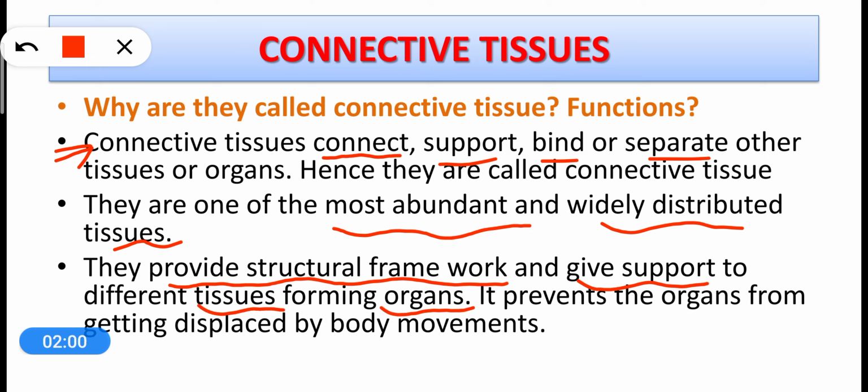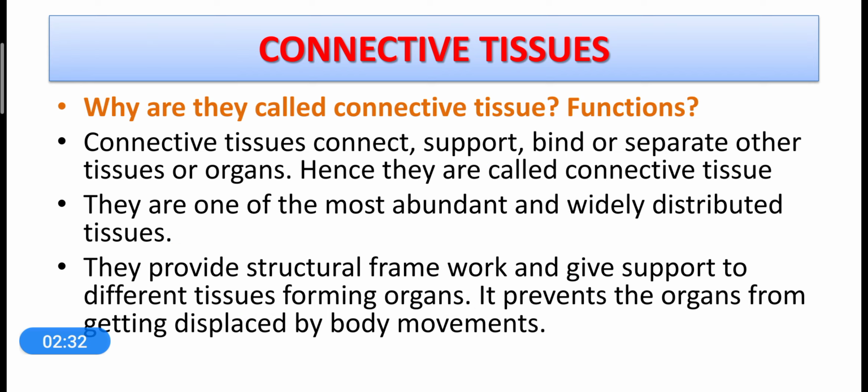They prevent the organs from getting displaced by our body movement. So connecting, binding, separating, and providing structural framework, these are a few major functions of connective tissues. So this is why connective tissues are required everywhere, and that's why they are one of the most abundant animal tissues in any animal body.